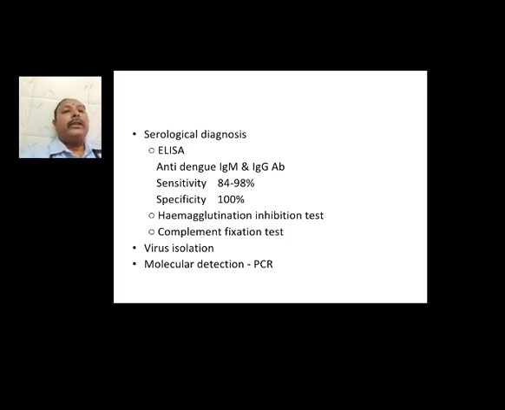Hemagglutination inhibition test, complement fixation test, that is CFT, viral isolation, molecular detection, that is PCR.